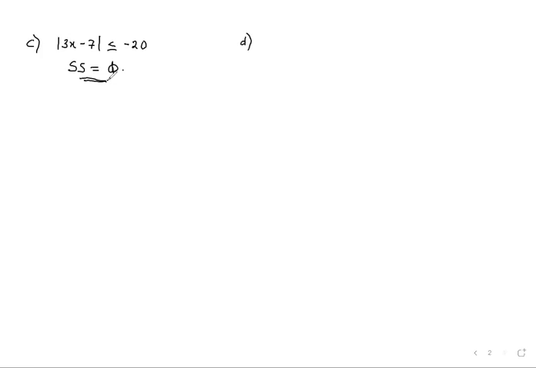Sir, why an empty set? Explain. Because the modulus can never be a negative number. The modulus always gives us positive numbers. So does it become empty because it is less than a negative number?